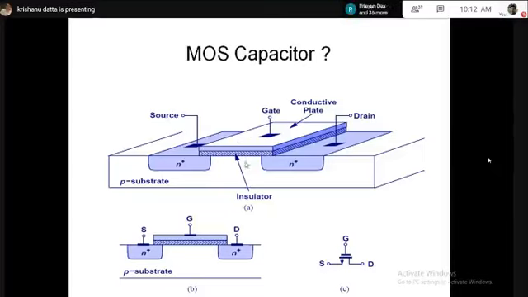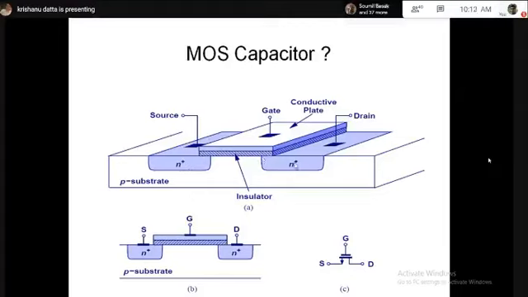And there are another two very obvious capacitors, which are the N plus P junction on the source side and the N plus P junction on the drain side. Wherever there is a diode type of structure, like in this case N plus P for source and drain, it creates the depletion region, which I explained in some of the earlier classes. And any depletion region gives depletion capacitance or diode capacitance.